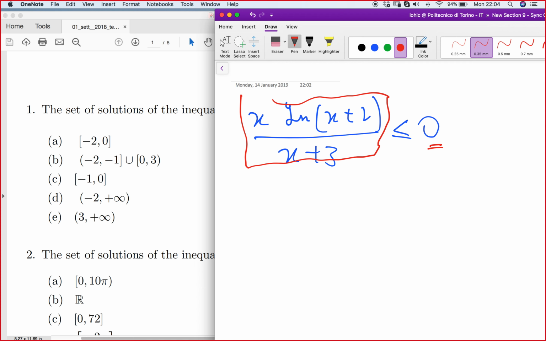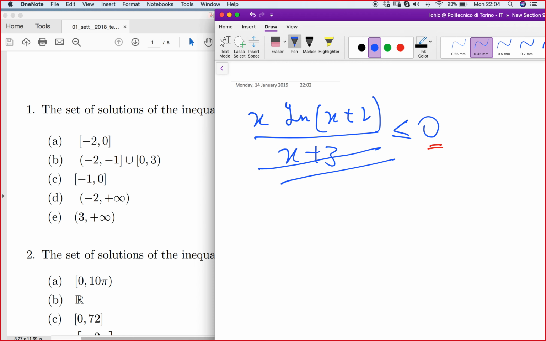When something is smaller than 0, it means it's negative, yes or not? So then we want to find for which values of x this expression is negative, because it's smaller or equal to 0. Is that clear?